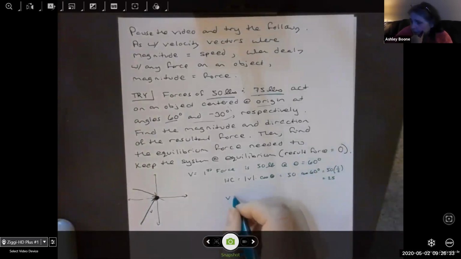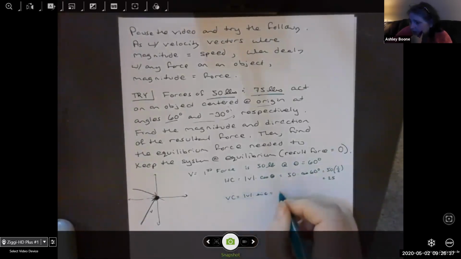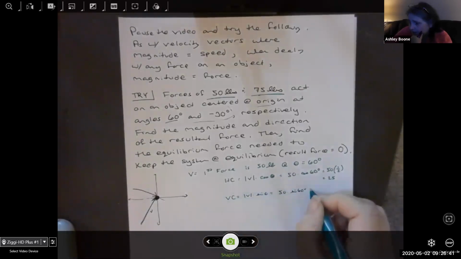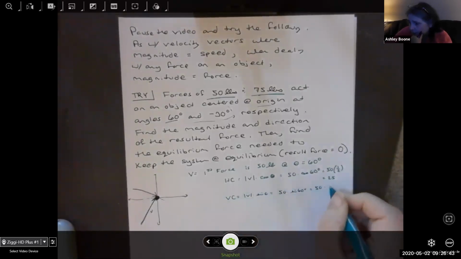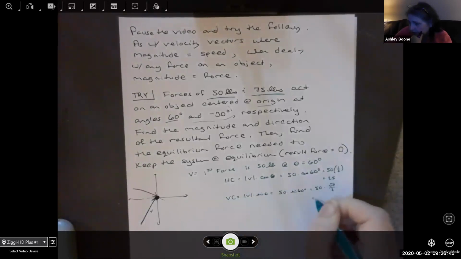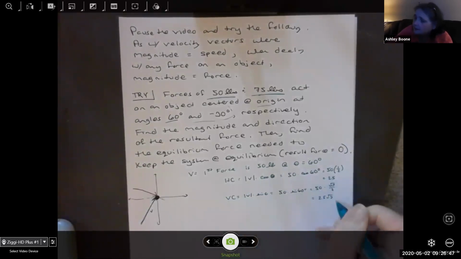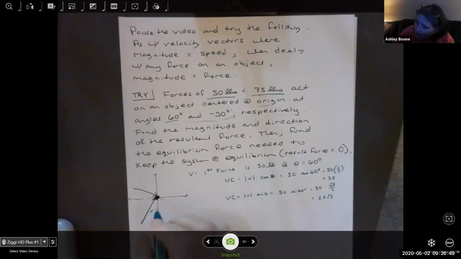My vertical component is going to be magnitude times sine of the angle. So that's going to be 50 times the sine of 60 degrees. The sine of 60 degrees is square root of 3 over 2. That's 25 times square root of 3. So this vector can be represented by 25i plus 25 root 3j. So I have this guy.